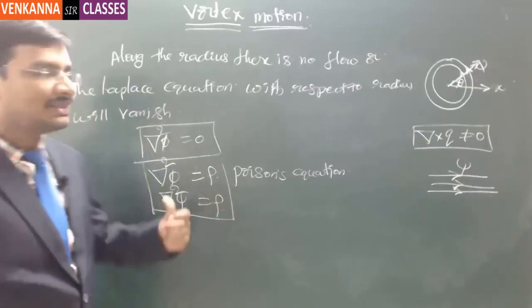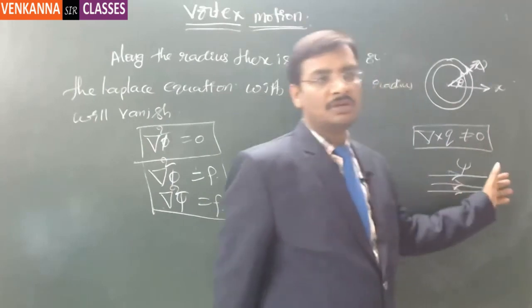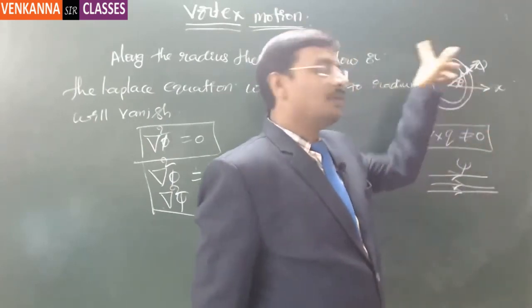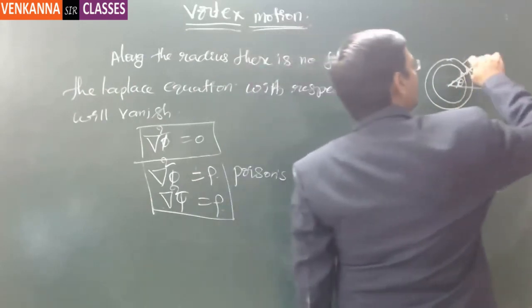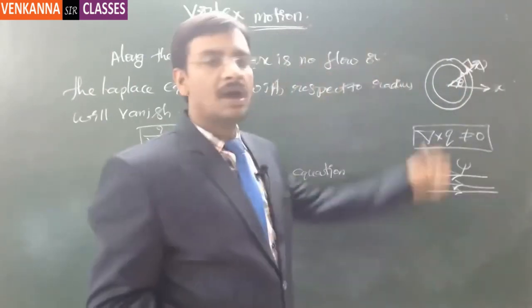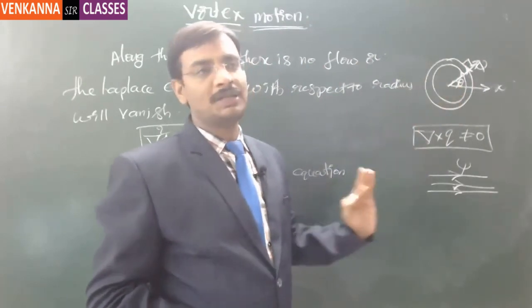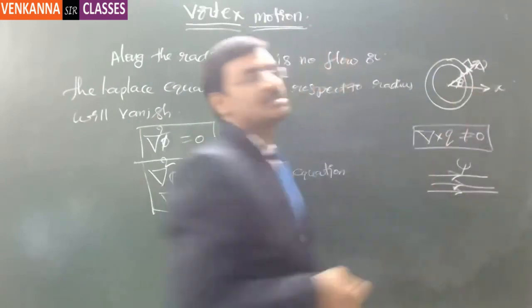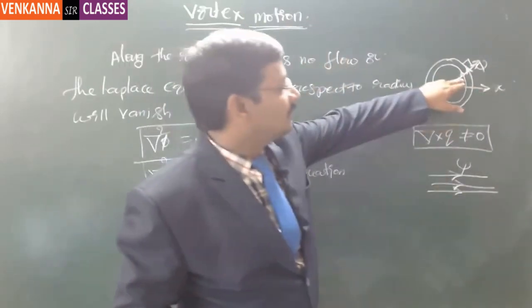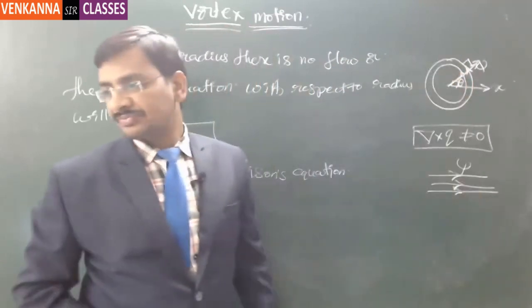But here the potential flow will lead to the horizontal flow, and the circular flow will lead to the circular flow. The flow direction and the potential field direction are always completely perpendicular to each other. That means if you try to model this as a potential, the potential difference will be created along this particular line, correct or not?